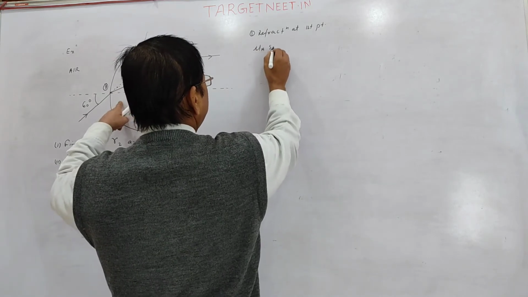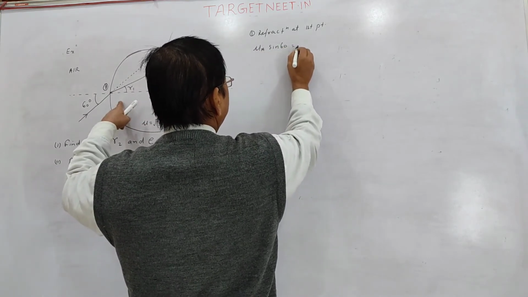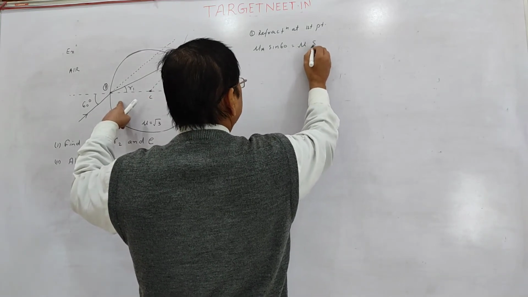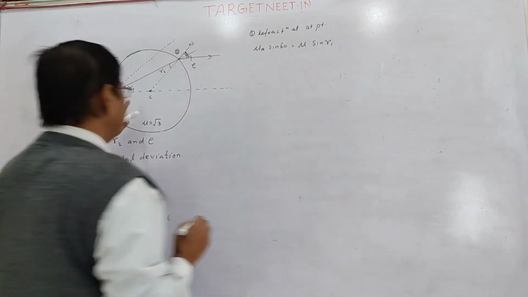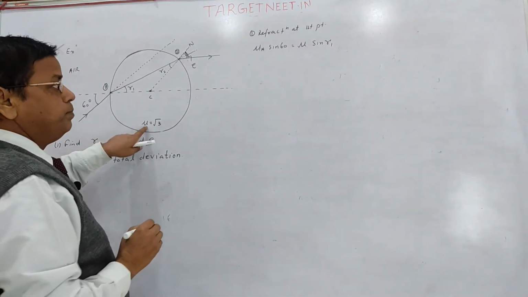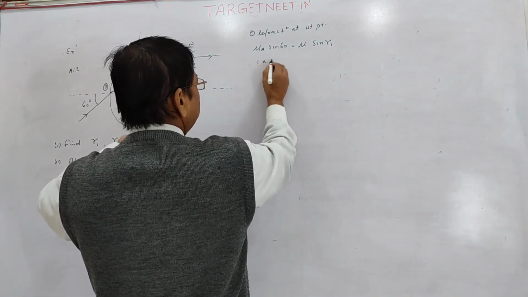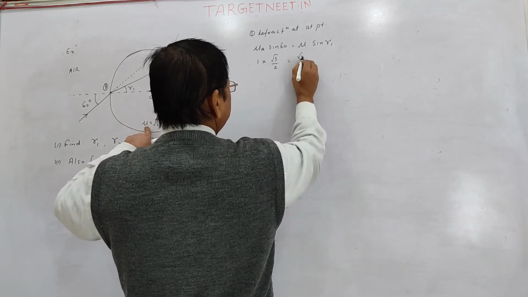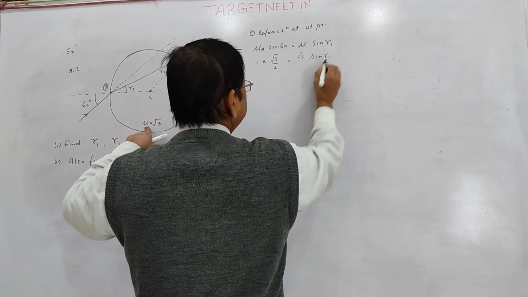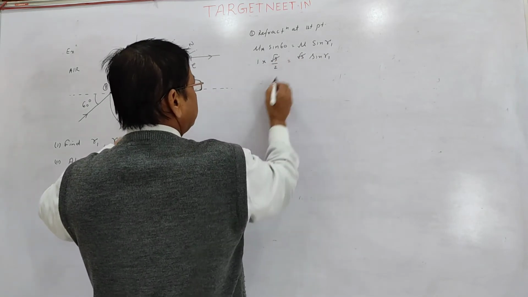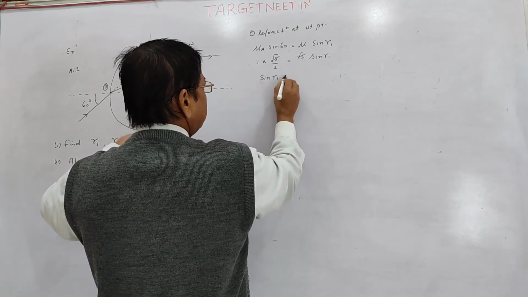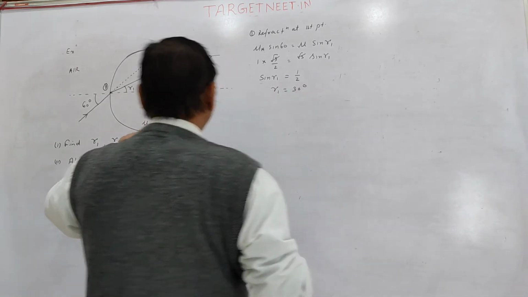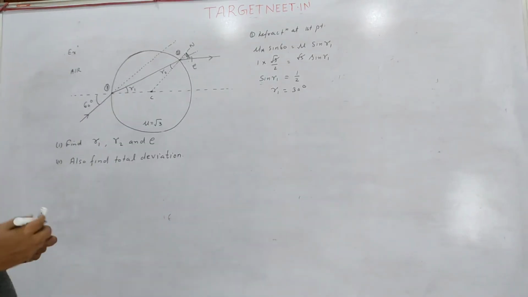Mu air into sine 60 is equal to mu into sine R1. The refractive index of this medium I am taking as mu. So it is 1 into √3/2 is equal to √3 sine R1. So √3 cancels. Sine R1 is 1/2. So R1 is 30 degrees. So R1 is now known to us.